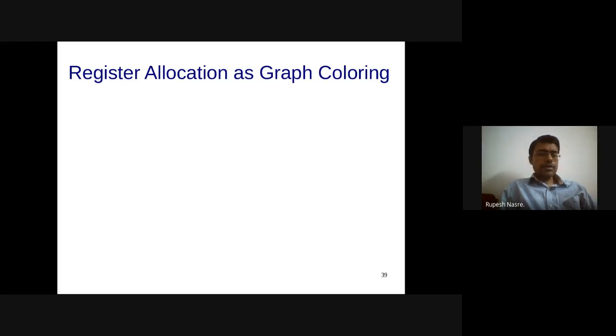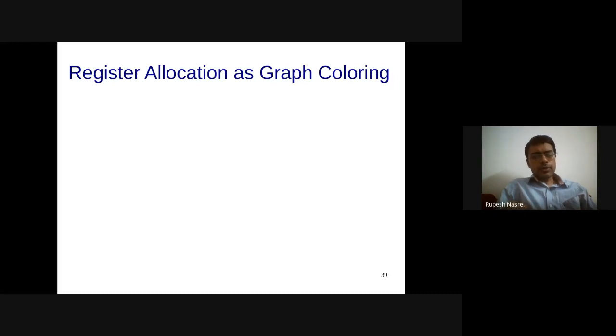There is another way which is more often used, and that's related to graph coloring, and we have discussed this also earlier. So the question here is that you are trying to reduce the problem of register allocation to a graph coloring problem.